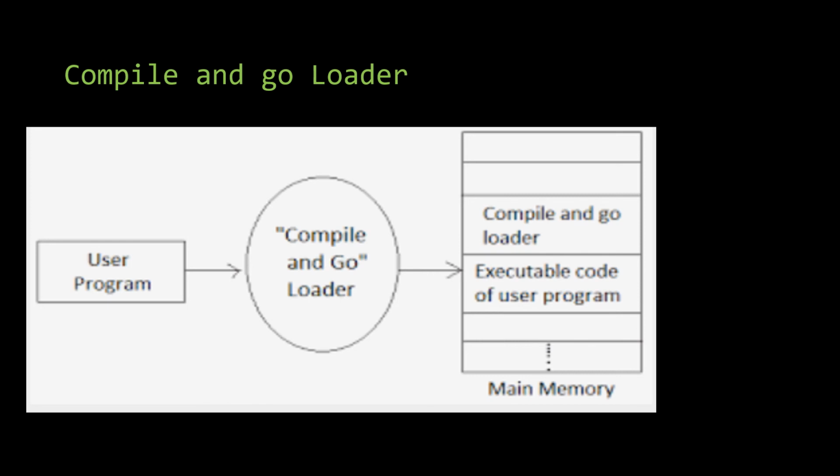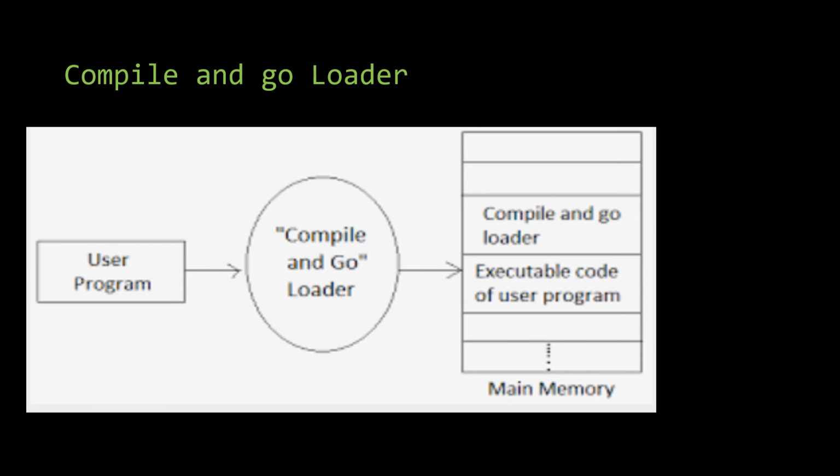Second thing is, whenever a compile and go loader works, the program should be in the same language, only one language is possible. Third thing is, as the assembler is placed inside the main memory, it requires retranslation, therefore it takes more time and it is a wastage of space or memory.